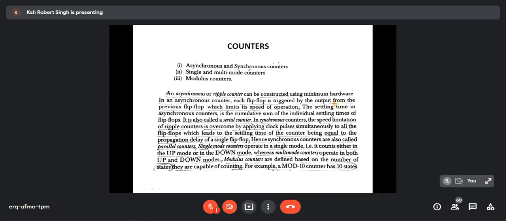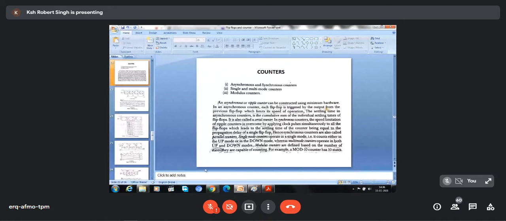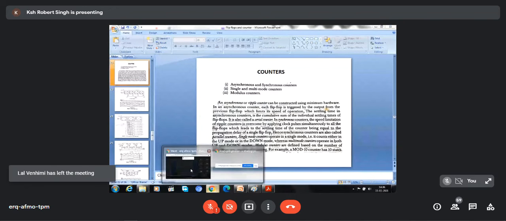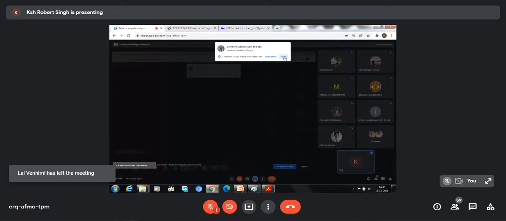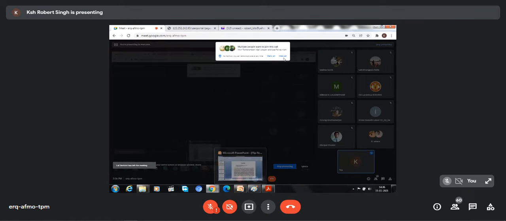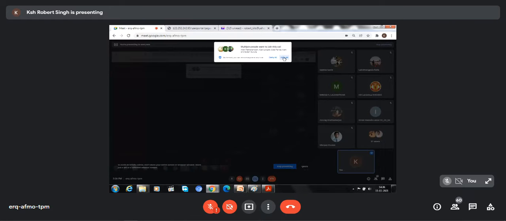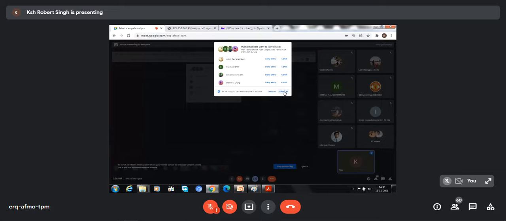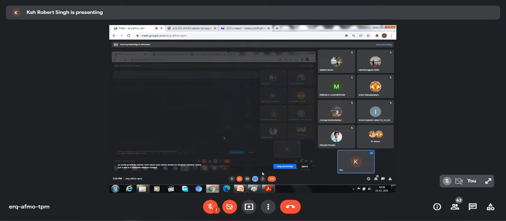Whereas in a synchronous counter, you will have the clock pulse in all the flip-flops. All the flip-flops will get triggered at a time. Can you understand?